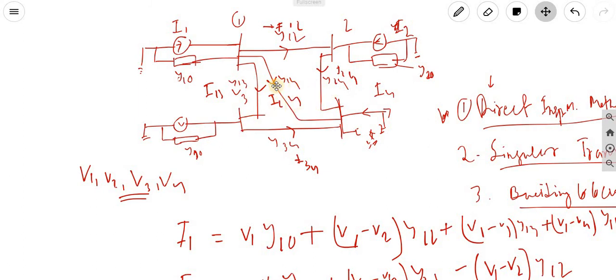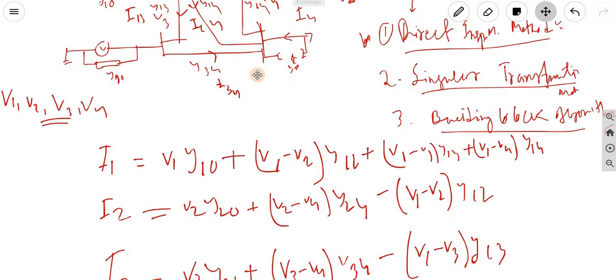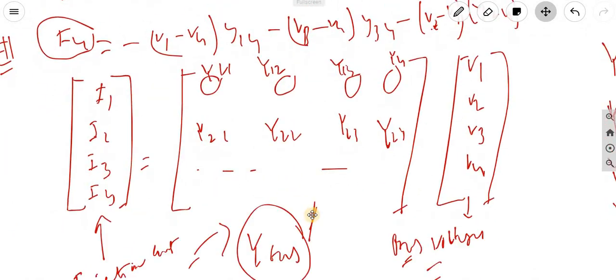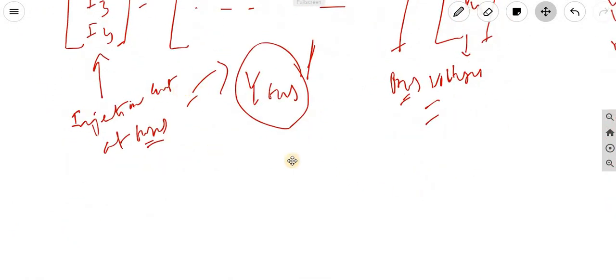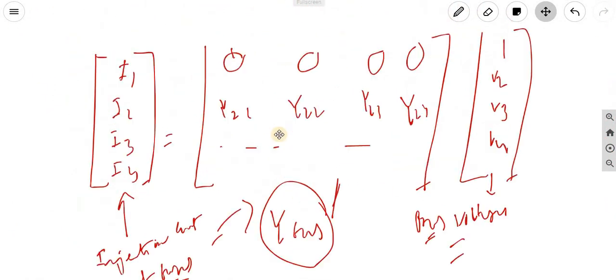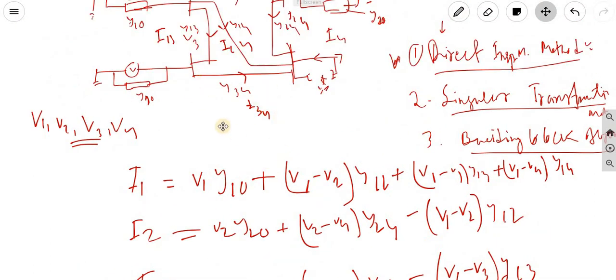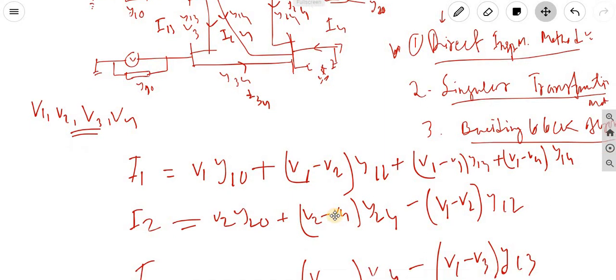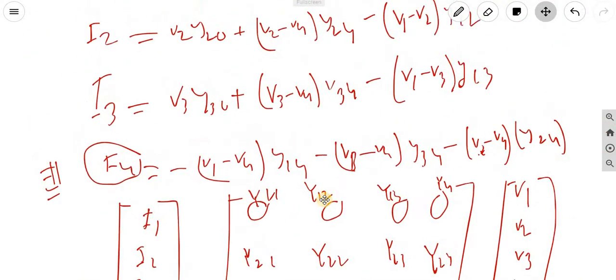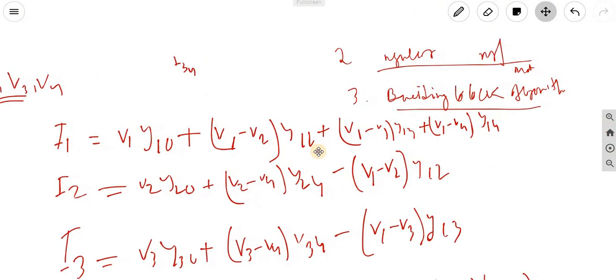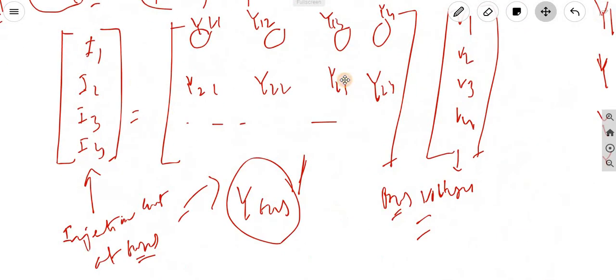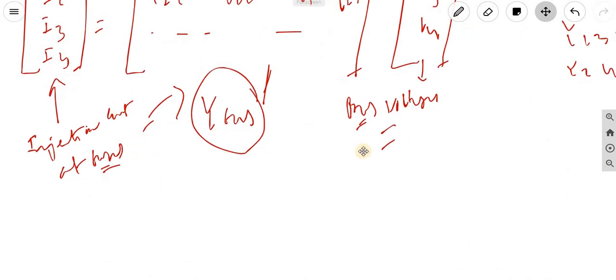What would the representation be, and how could we get the other transmission line elements? Also the modification and deletion: if one network element is deleted, what would the modified Ybus be? If there is an inclusion of a bus, what would the modified network be? Those things we will see in the next lecture.